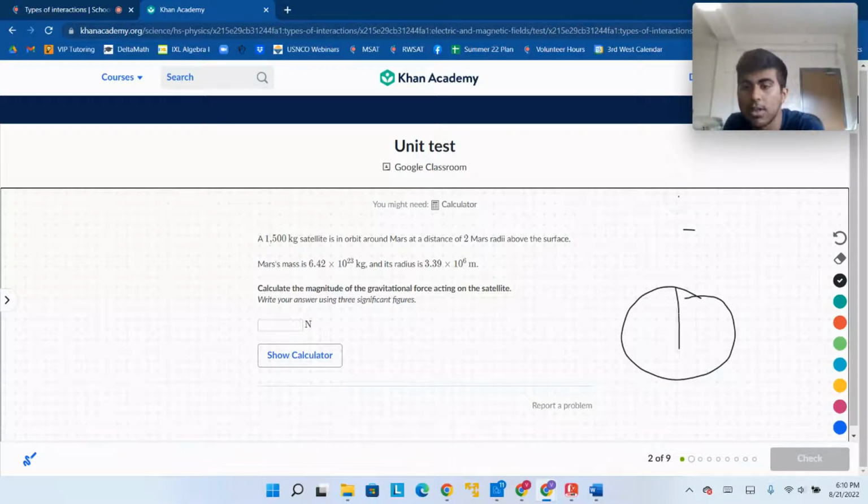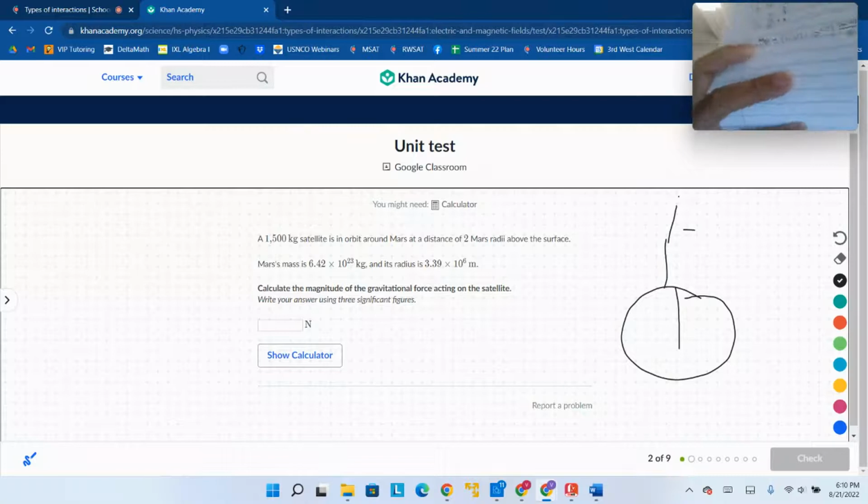So you have 1, 2, and then a third Mars radii distance. That's the distance. You have to multiply by 3, and then you're going to square that to get the total gravitational force. So it looks something like this right here. That's what it looks like.